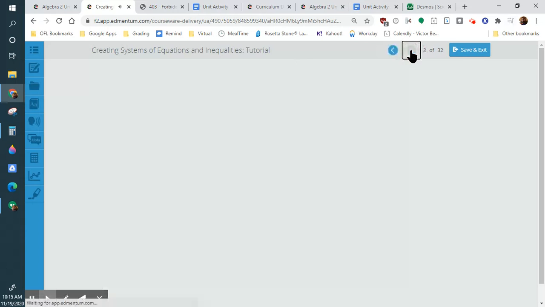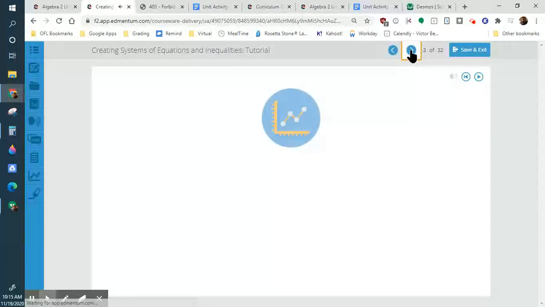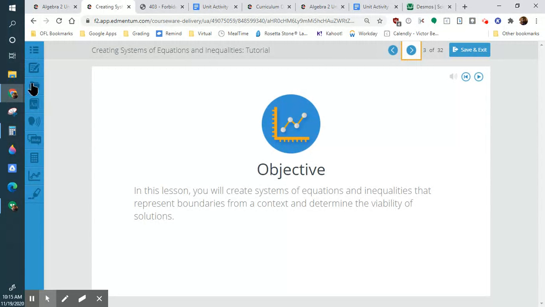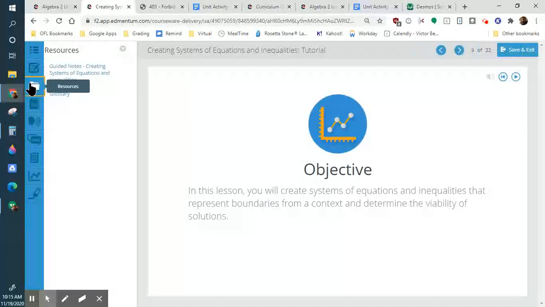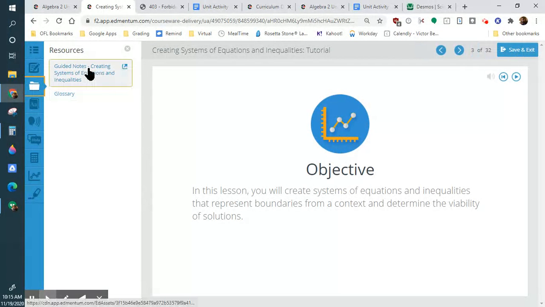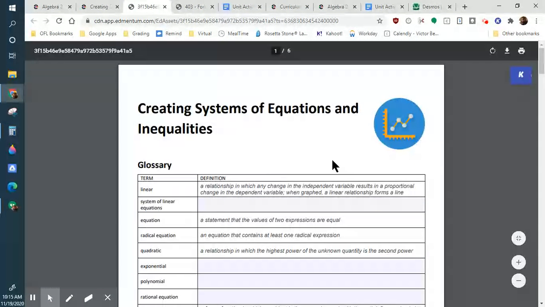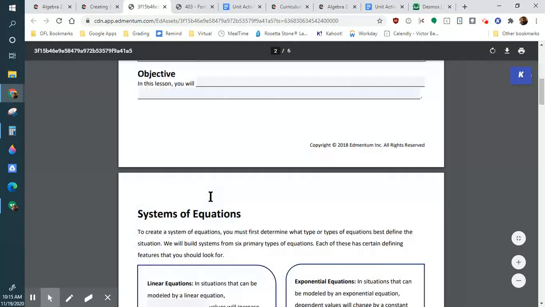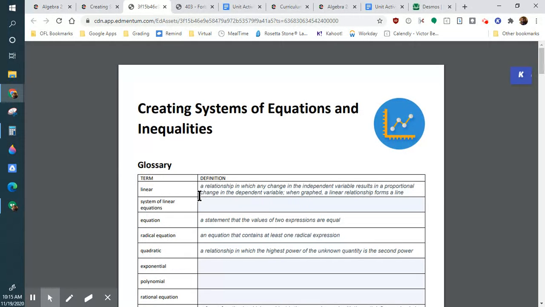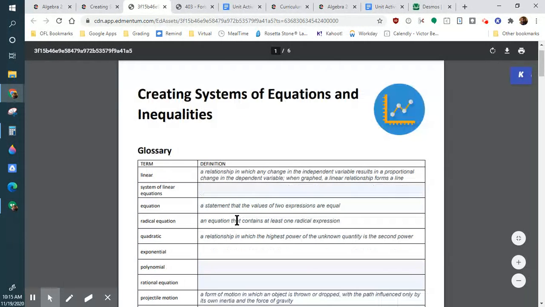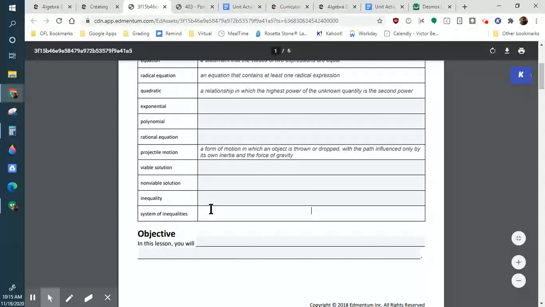All right, so getting into this. I don't know how many of you have seen it, but I do recommend using the guided notes. You can find it in the little folder right here. Honestly, what I would recommend is, if you're watching my tutorials or doing the tutorial on your own, printing this out and working on it, and then just using this for the mastery test.